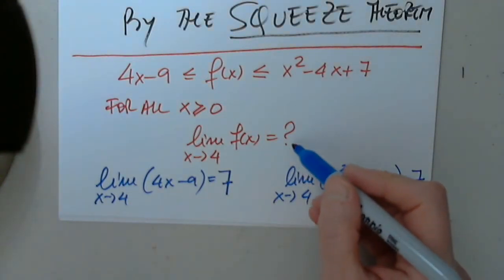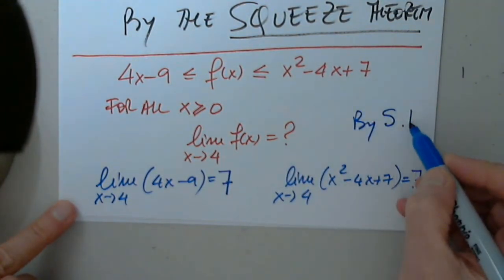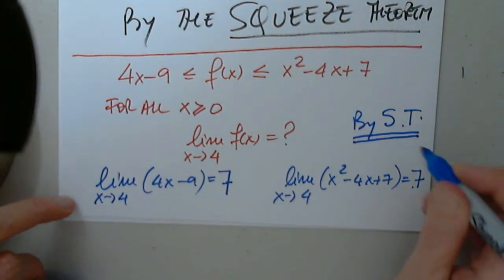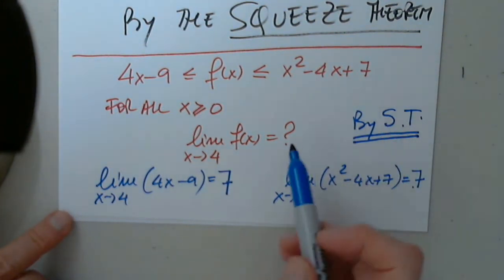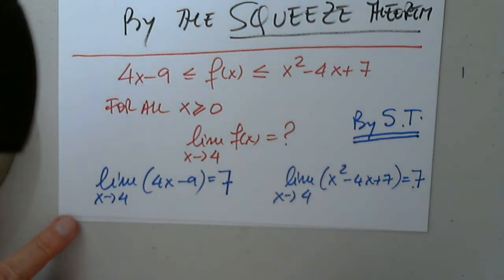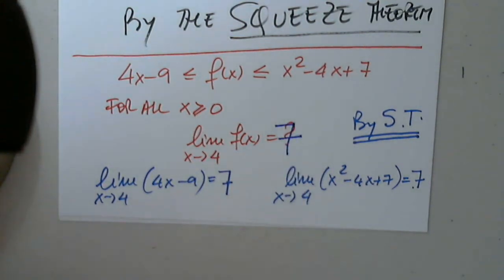So then what do we conclude by the squeeze theorem? I have to write this on the side so you understand where it's coming from. So what is this then? 7. Also 7. That's it. So this was an example of the squeeze theorem.